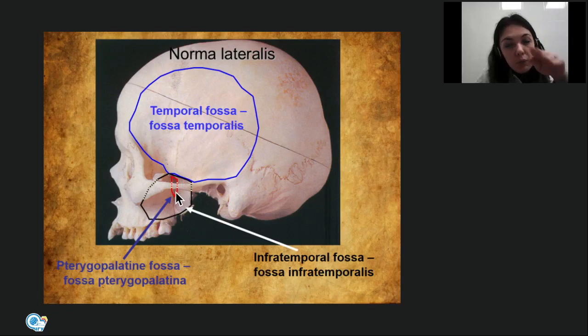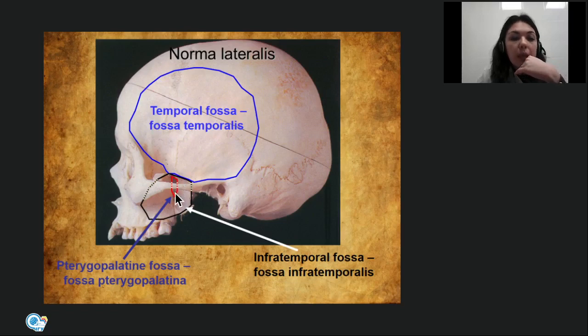It is the deepest fossa. It is located medially from the infratemporal fossa, and it is bounded anteriorly by the maxillary tuber, posteriorly by the base of the pterygoid process of the sphenoid bone, medially by the perpendicular plate of the palatine bone.